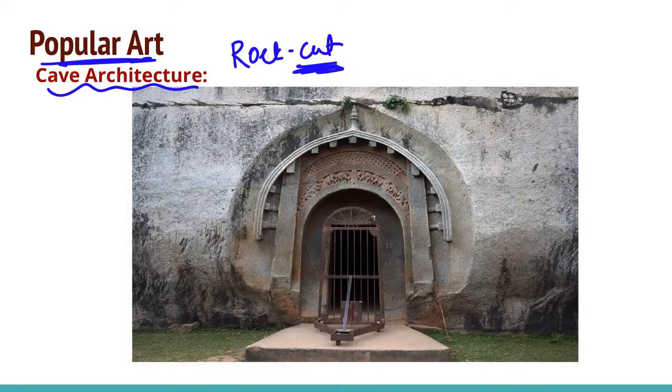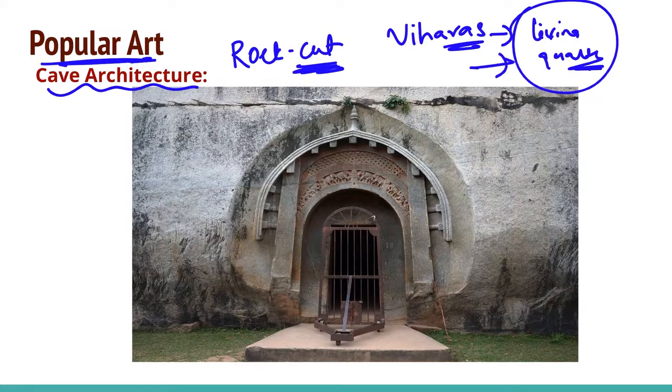During the Mauryan period, these caves were generally used as viharas, that is, living quarters, and those who lived there were Jain and Buddhist monks. The early caves were used by the Ajivika sect, and later they became popular as Buddhist monasteries.